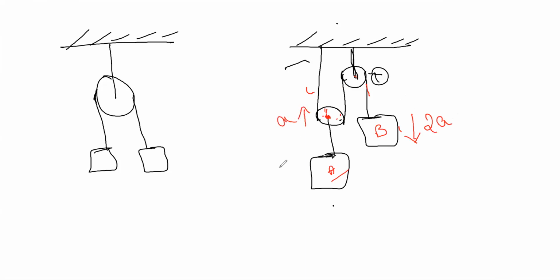If the acceleration of the pulley is a, then the acceleration of this block A will also be a, because it is connected. Now we will write the forces in the free body diagrams for B and A. What are the forces acting on B? Downwards, mg, and upwards, tension.